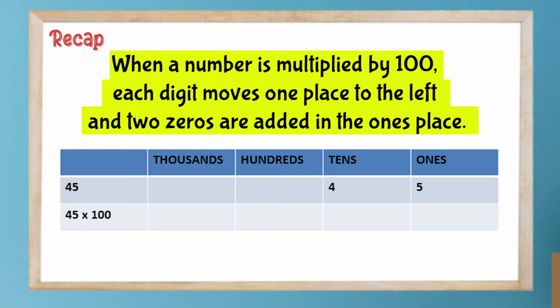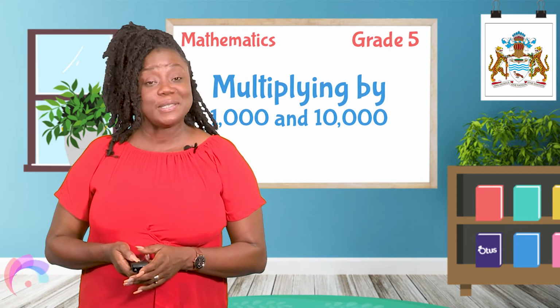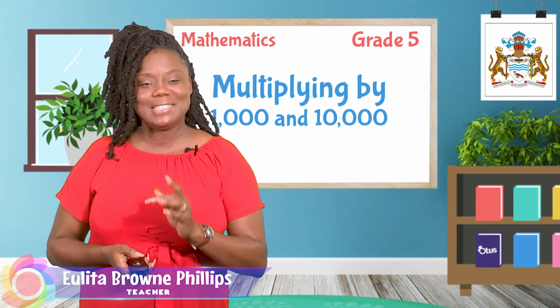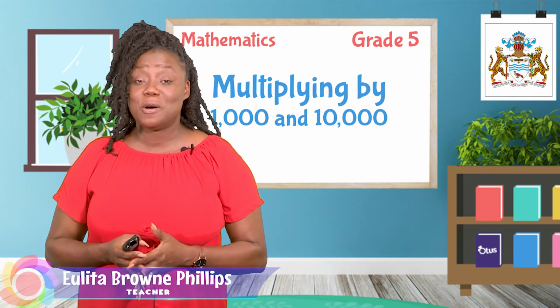So, the 4 is shifted one place to the left, the 5 is shifted one place to the left, and the 2 zeros are added in the tens and ones column. So 45 times 100 equals 4,500.